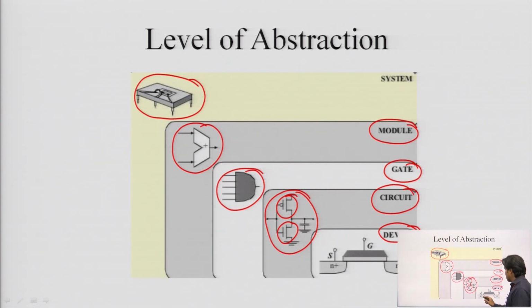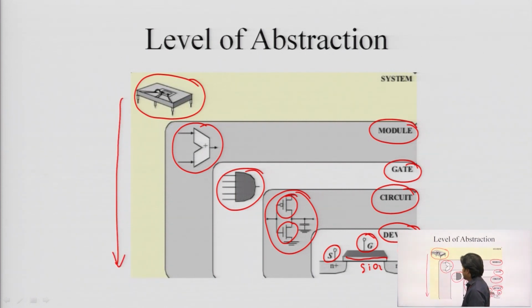You can see we have a source terminal, a gate terminal, and a drain terminal. Below this gate terminal, we have a thin layer of SiO2, clear.